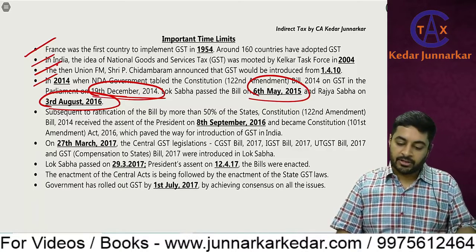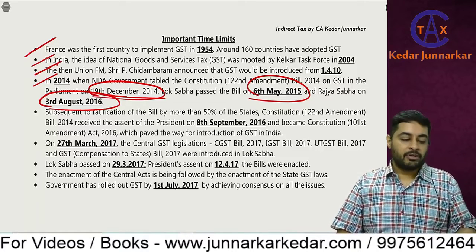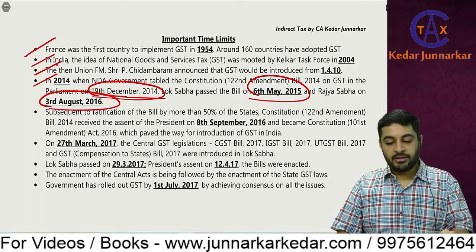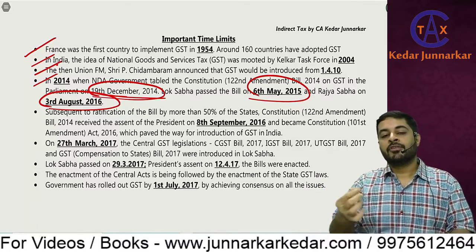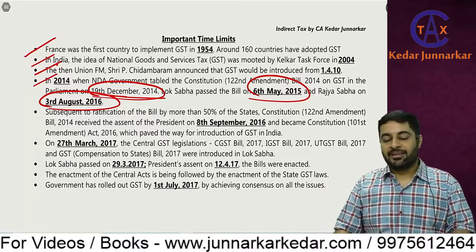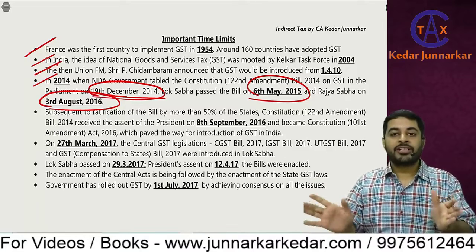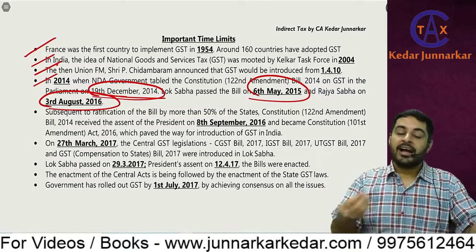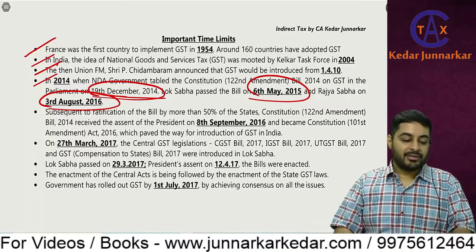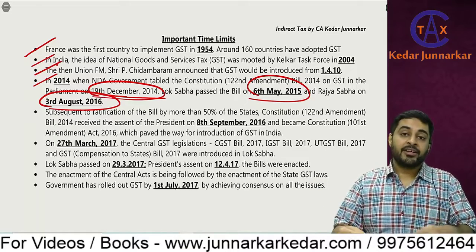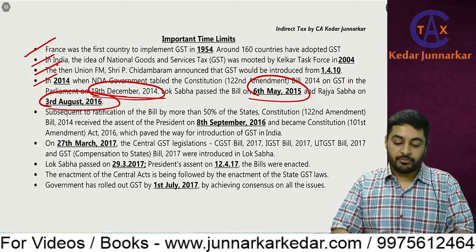It is passed by Lok Sabha, means the majority of the Lok Sabha members have to vote in favor. Then it goes into Rajya Sabha. Rajya Sabha has representatives of political parties. Basically, Lok Sabha means the people who are elected, and Rajya Sabha means the people who are selected. So both the houses of Parliament have given their more than 50% votes for that.